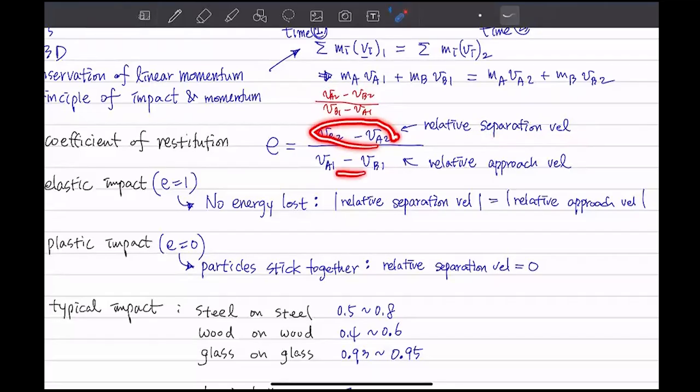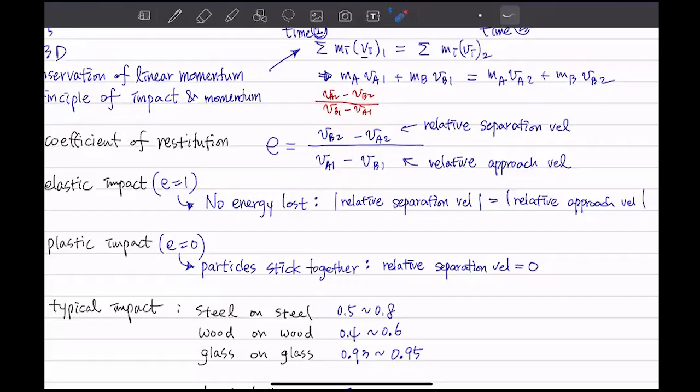So you want to have your separation velocity on the top and the approach, or the original velocity, at the bottom. You cannot switch these two up and down, but you can switch these two left and right as long as they are crossed to each other. So B and B, A and A. Okay, so that's a small tip that I can give you guys.